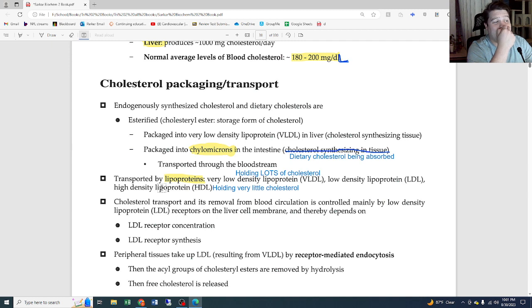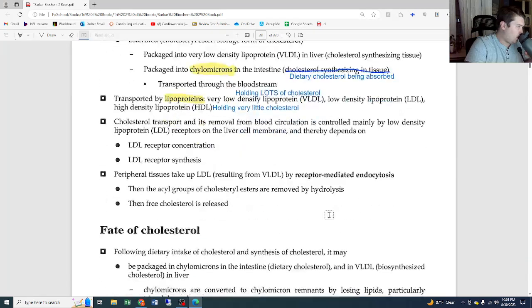If you have a high concentration of LDLs, those low density lipoproteins, that means you're going to have excessive cholesterol, and that's what they look for to tell if you have high or low cholesterol, what level of cholesterol, and what risk factors that entails. You'll talk quite a bit more about that in Physiology 2.